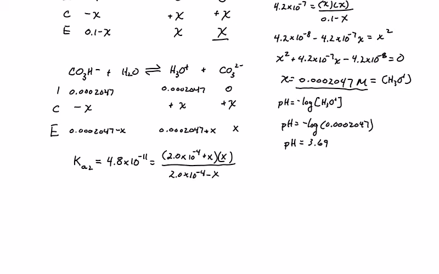Okay, there we go. So we plug those values in, and now we just need to solve for x. Now this isn't quite as straightforward as the others, but it's still doable.